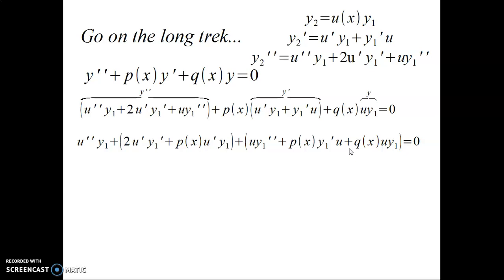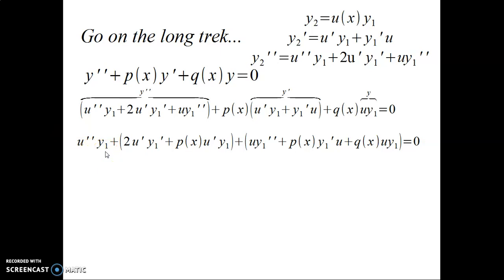If I just carry those symbols around, I'm regrouping these, sorting by the order of derivative of u that appears. So all the terms on the right have just the function u. The terms in that middle set of parentheses have u prime, the first derivative of u. And the term on the left is the single term with the second derivative of u.